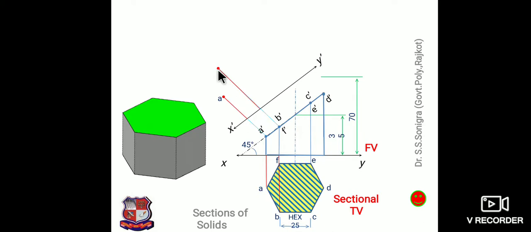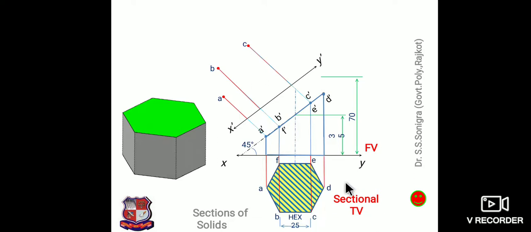Here is point B. Similarly, to find the location of point C, measure the distance of the top view of point C from the xy line. Now from point C dash, draw a line perpendicular to the x dash y dash line, mark this point as the center and draw an arc, and it will cut this line at point C. So this distance and the distance from the xy line to C are the same.